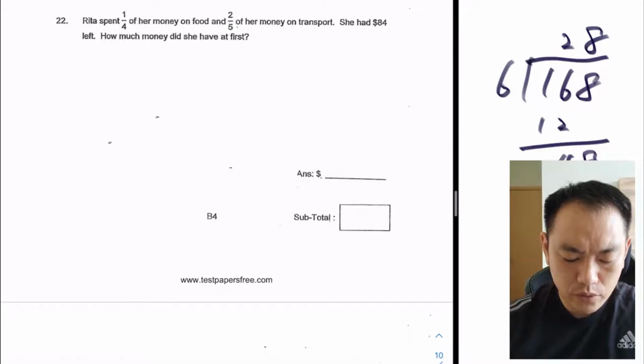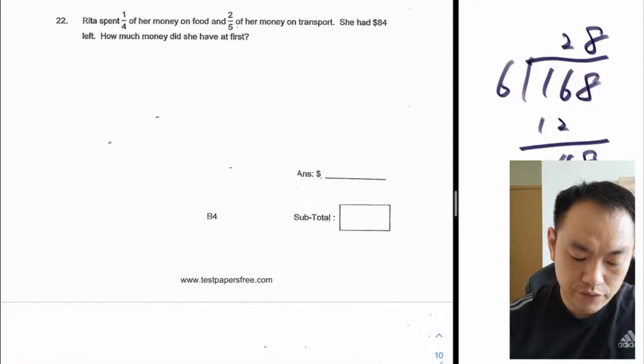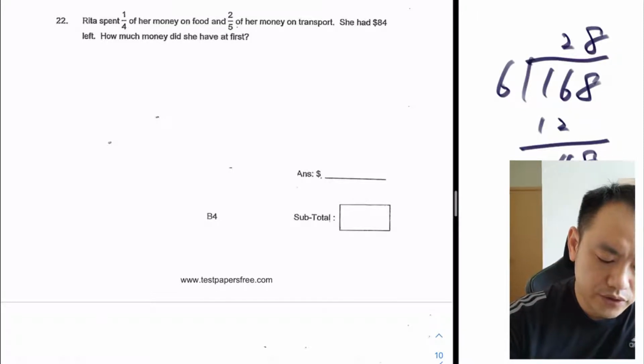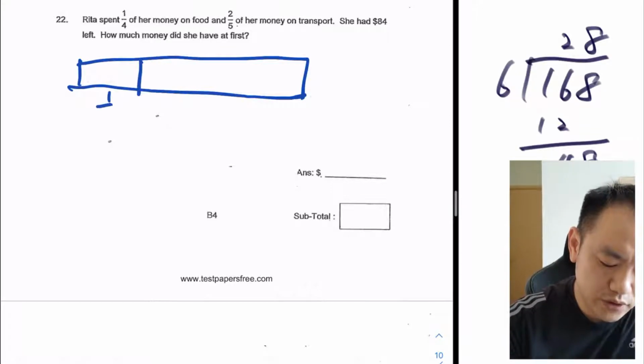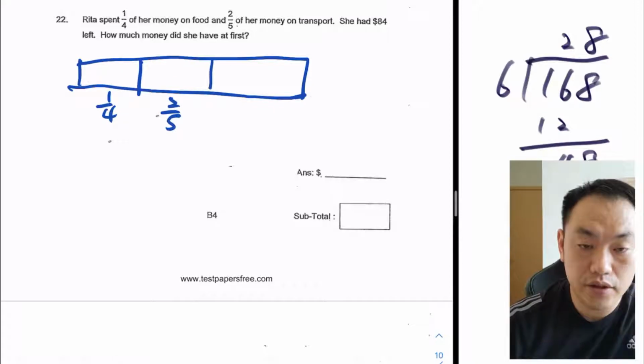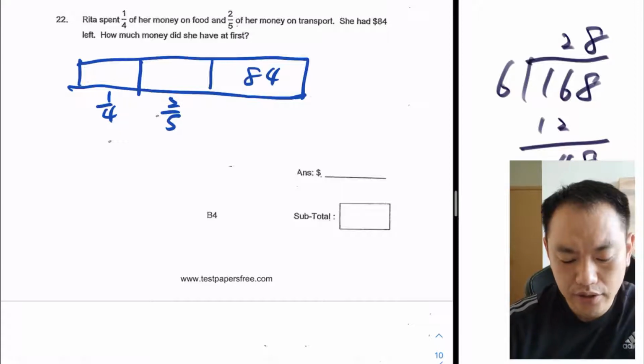Rita spent one quarter of her money on food and 2/5 of her money on transport. She had 84 left. How much money did she have at first? Okay, so that's how much money Rita has, and then you spend 1/4 here, and you spend 2/5 here, and whatever she is left with is 84.